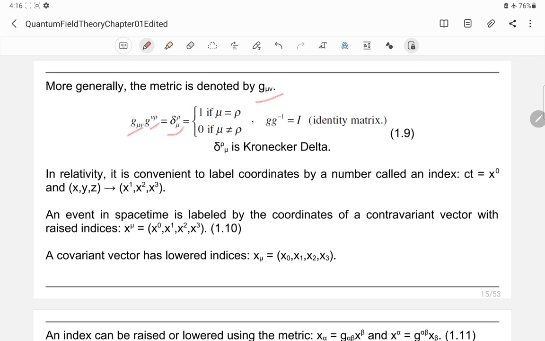The product is a Kronecker delta, and this is just 1 if mu is equal to rho and 0 if they're not. And of course, the inverse times the original one is always an identity matrix.